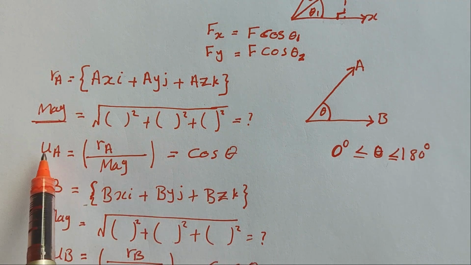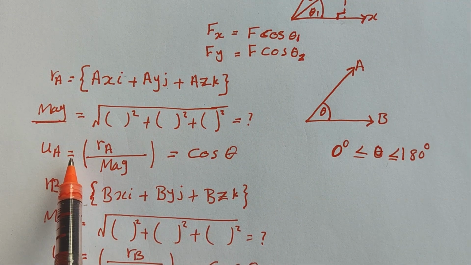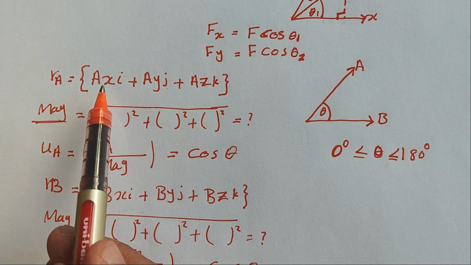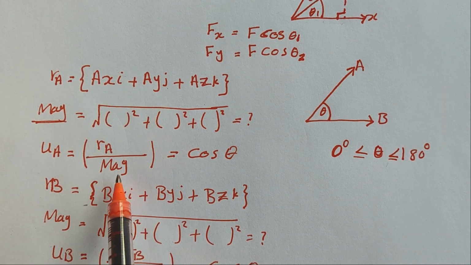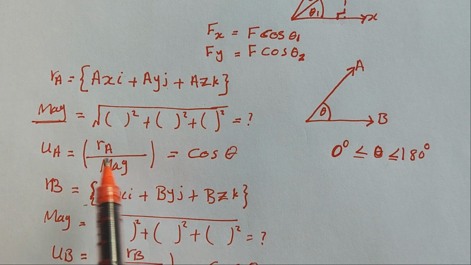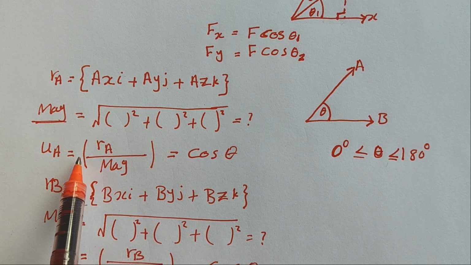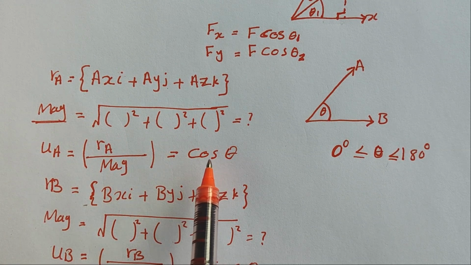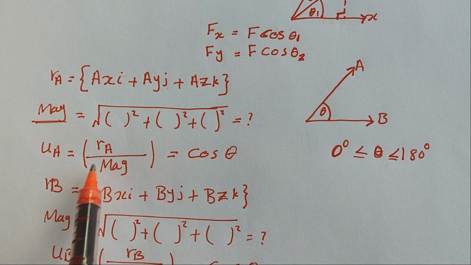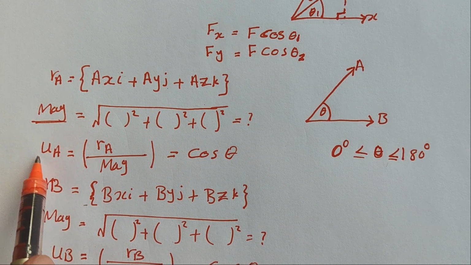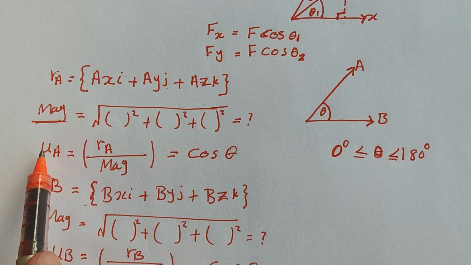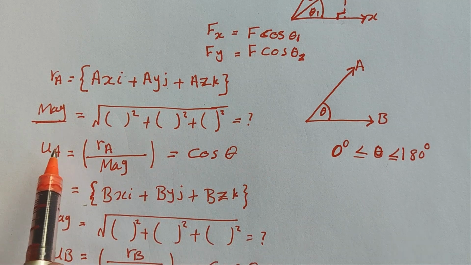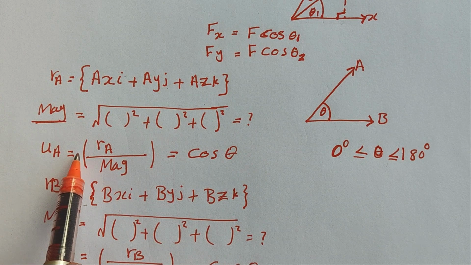The unit vector A is equal to the position vector divided by the magnitude. That means you take each component and divide it by the magnitude. And you should also remember that the unit vector is equal to cos theta. Therefore, it's very important to understand how to find the unit vector. In most cases, theta is not given, and we will find it through finding the unit vector itself.